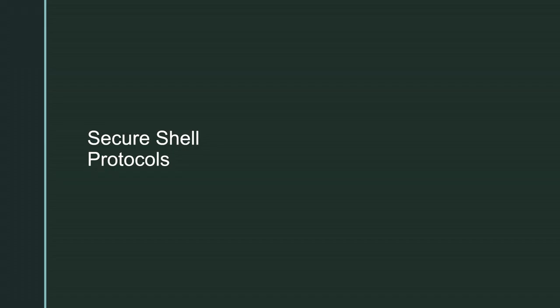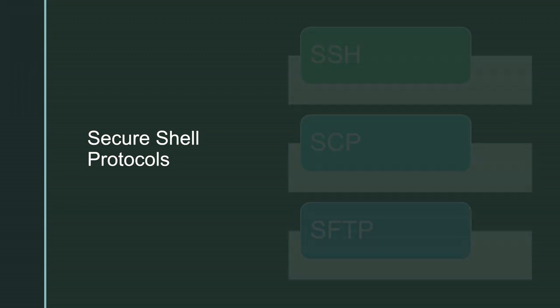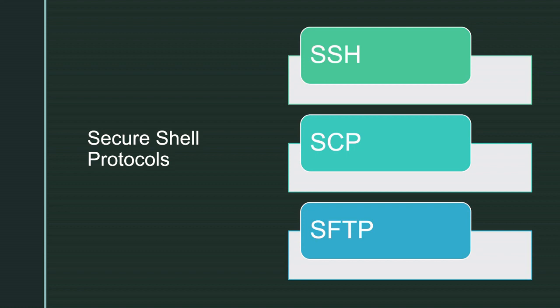Now let us try to understand about the different secure shell tools or protocols that are provided by OpenSSH. There are three important utilities that we use for having a secure communication between the client and server. The first one is SSH, which is used for remote administration of the server.